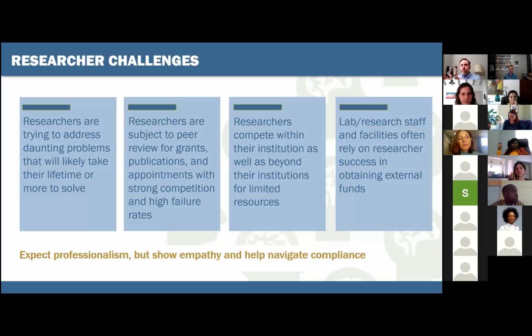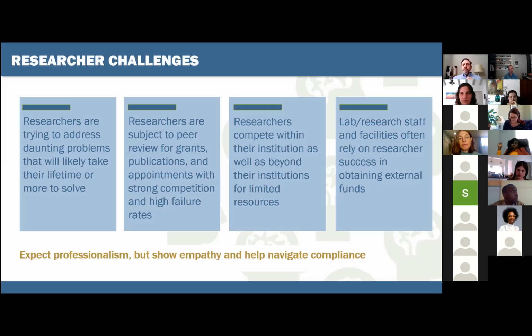I heard in our small group, one organization was founded to help address HIV and AIDS, right? Well, that's been a problem that's been going on for decades, and researchers have been studying that for decades and will continue to work on that. So these are big, complicated societal problems that they have dedicated their life to working on.